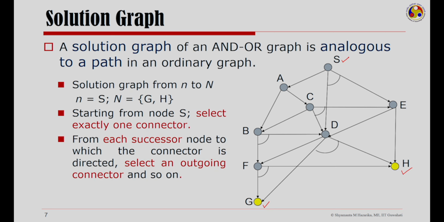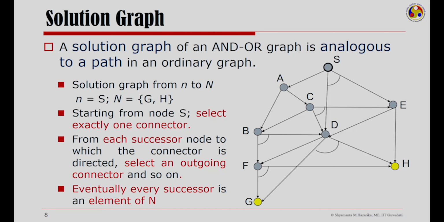Thereafter, from each successor node, we again select an outgoing connector, so on and so forth. Eventually, every successor needs to be an element of the set N, which is the set of goal nodes.